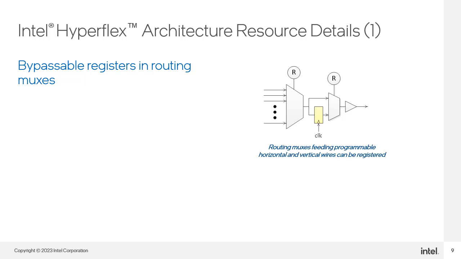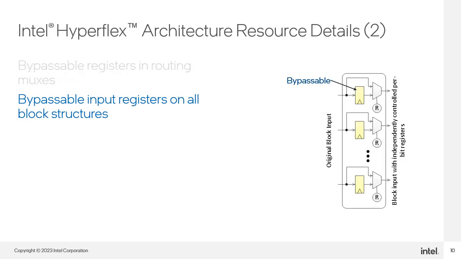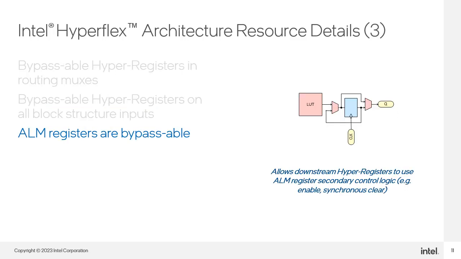To look more closely, there are bypassable hyperregisters and the routing muxes. This means that as a signal moves between any row and column resource, there is an option to register or not register that signal. There are bypassable hyperregisters on the inputs to all block structures. For example, ALM lookup tables, ALM registers, multiplier blocks, and memory blocks. And all of the individual ALM registers are bypassable.